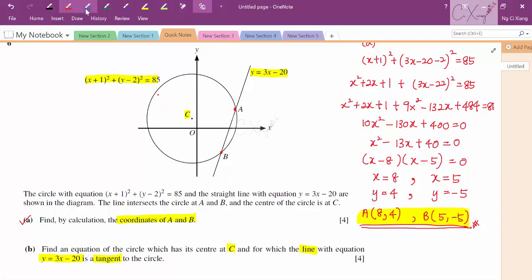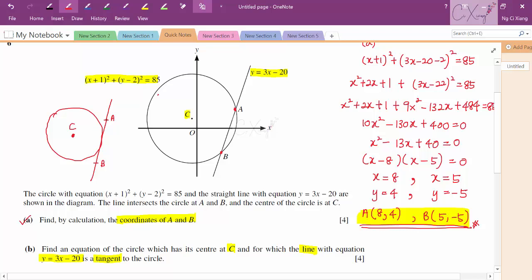Okay, all right, so maybe I draw it like this. It will be easier for us to have a look. So I'm having another circle. The center is still at C. And for now, definitely the A and B will not be on the circle anymore.